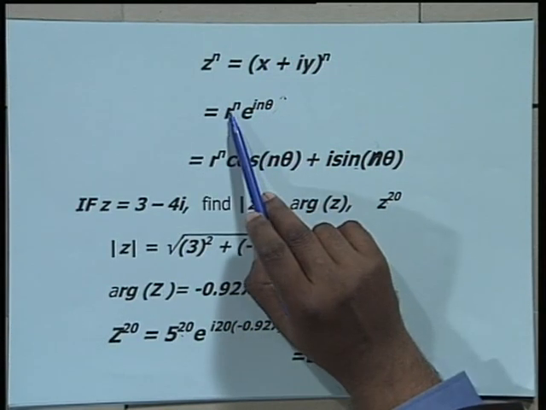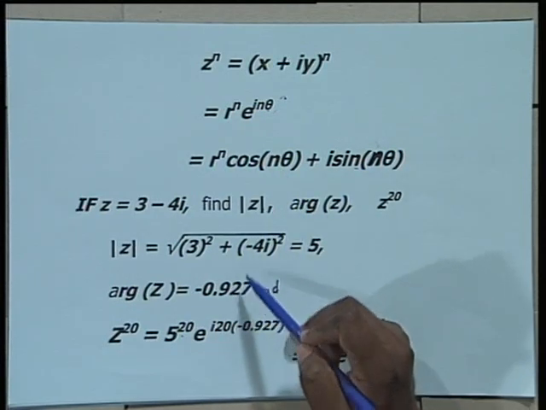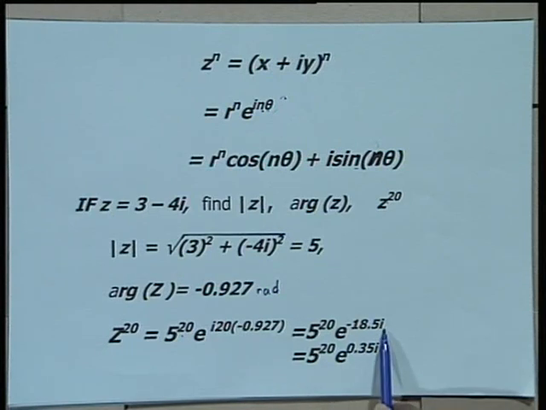That is, we have just replaced r by 5, theta by minus 0.927 and n by 20 to obtain the following. Remember that argument must always be between minus pi and pi, so we have to give the argument between these limits, so that it becomes 0.35i. So the exponential form is very useful if you have to find powers of z, z power 5, z power 20.